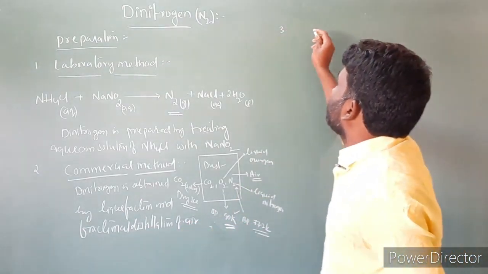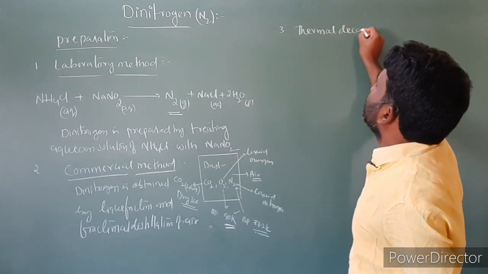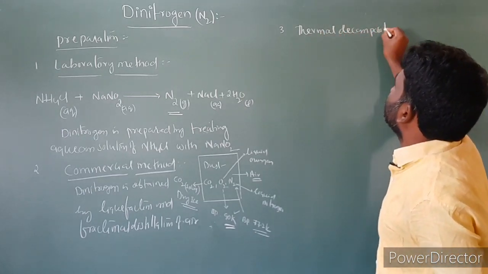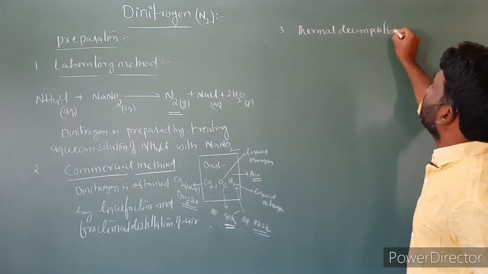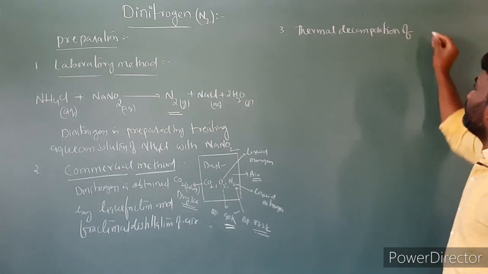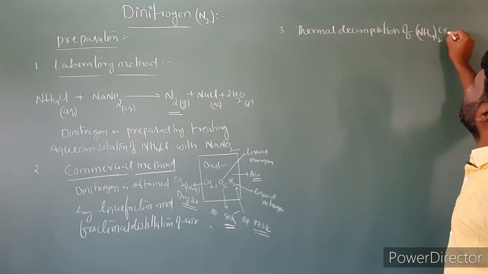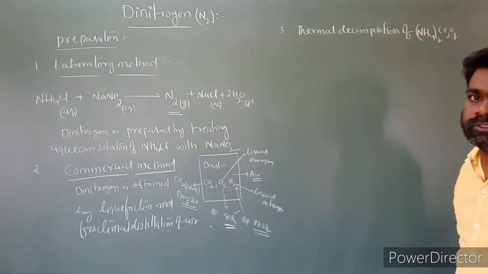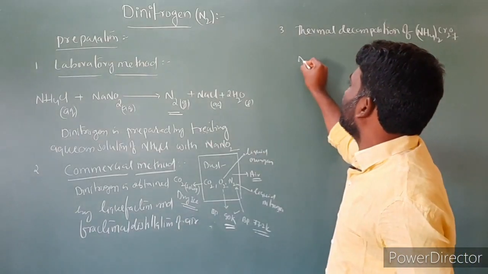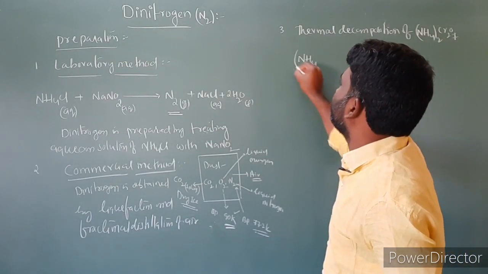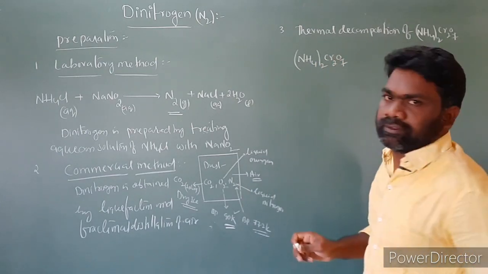Third one, thermal decomposition of ammonium dichromate. First I am taking ammonium dichromate, (NH4)2Cr2O7.